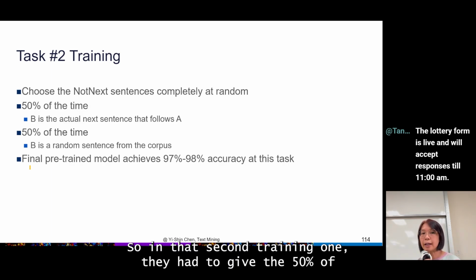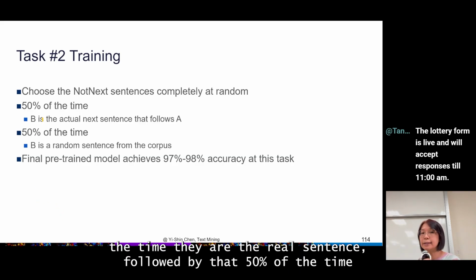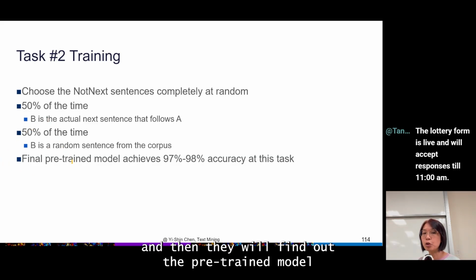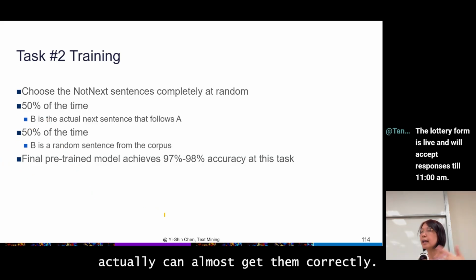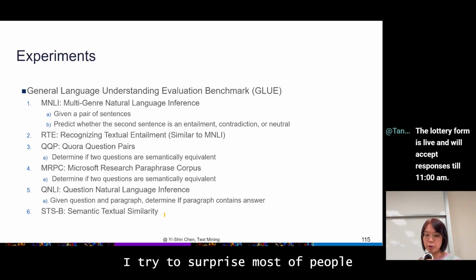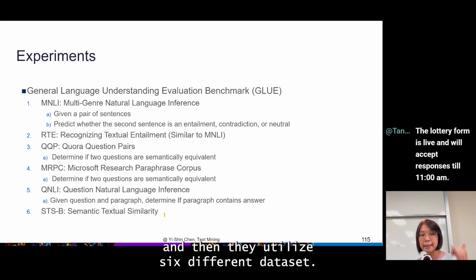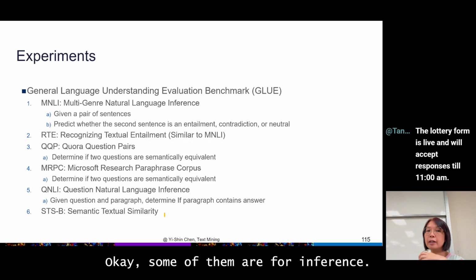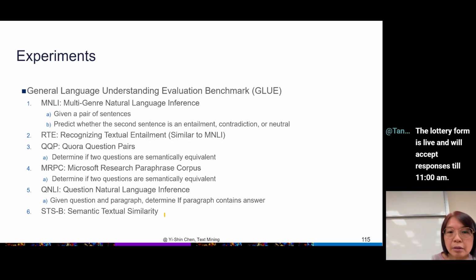So in the second training task, 50% of the time they give the real following sentence, and 50% of the time they give a random sentence. And they found the pre-trained model can almost get them correct. That is a part that tries to surprise most people. And then they utilize 6 different data sets. Some of them are for inference.